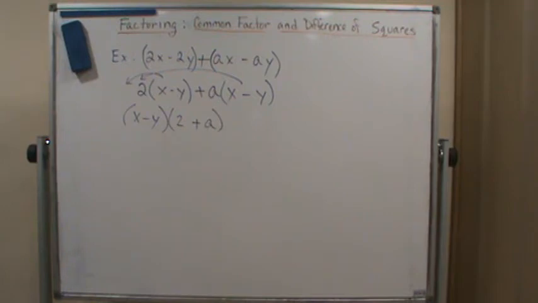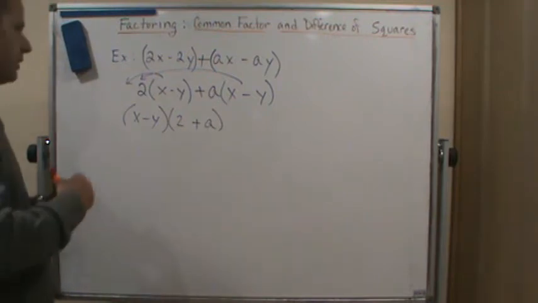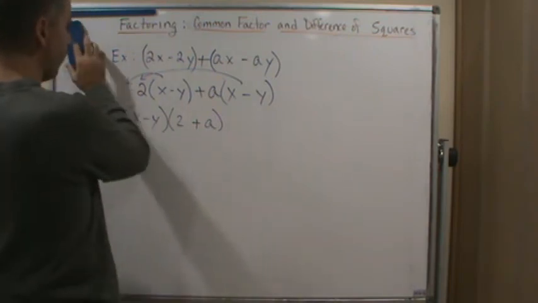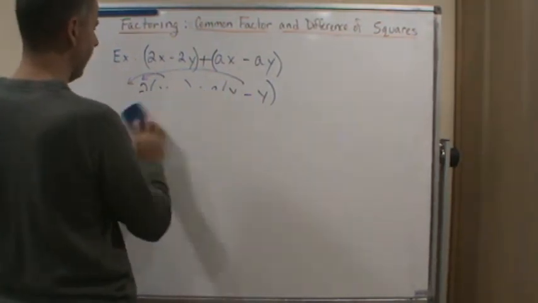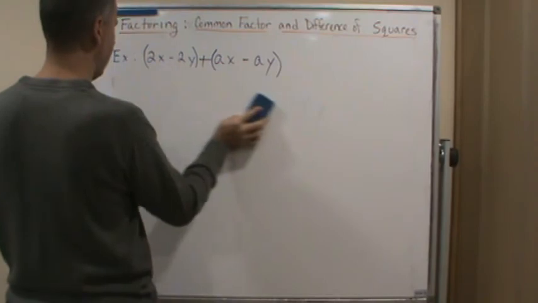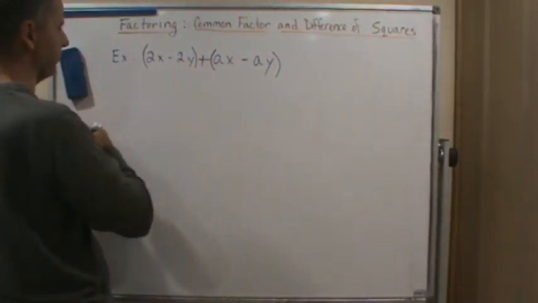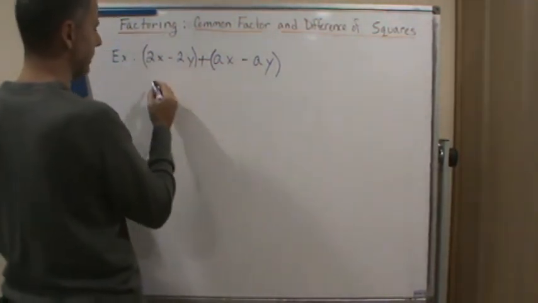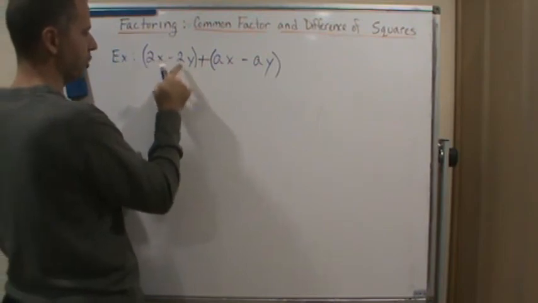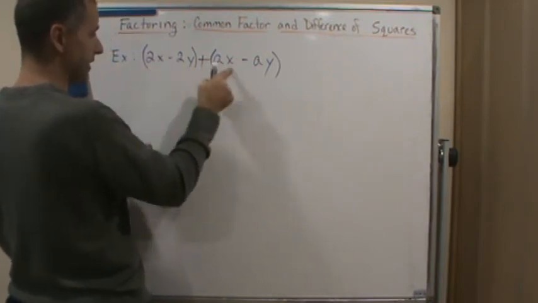Now also notice that I could rewrite this and factor it a different way, and I'll still get the exact same answer. Instead of matching these two up, I could match the x's up.